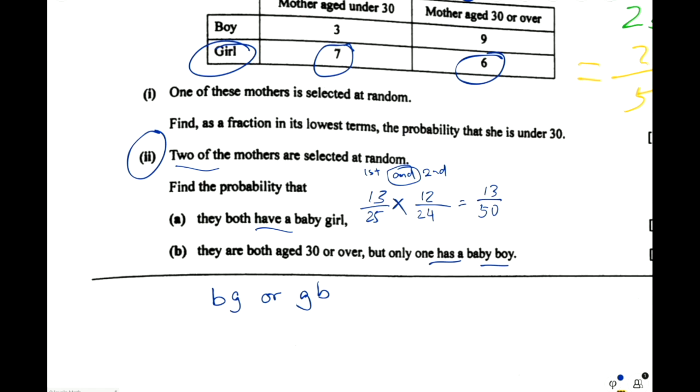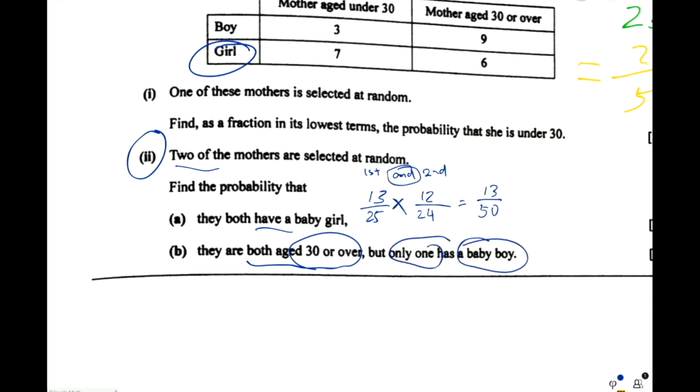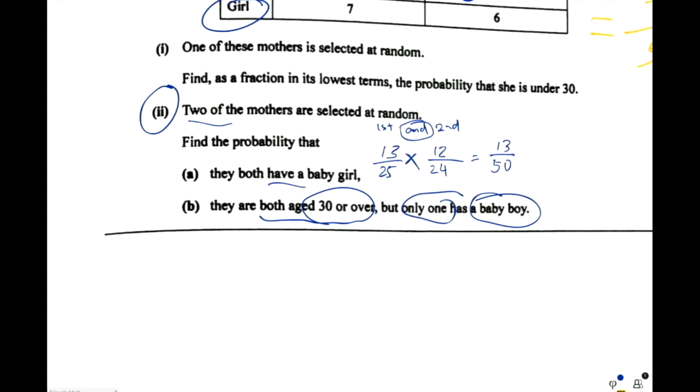Do you understand what I'm talking about? No. Alright, I like your answer. Okay, so let's understand the English. Both over 30 years old. Only one has a baby boy. Okay, so I gotta select 2 persons. 1 and 2. These are mothers, by the way.